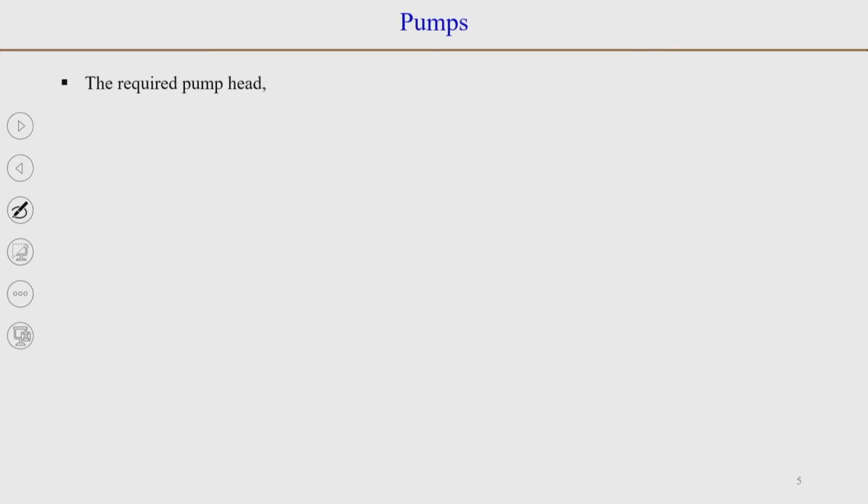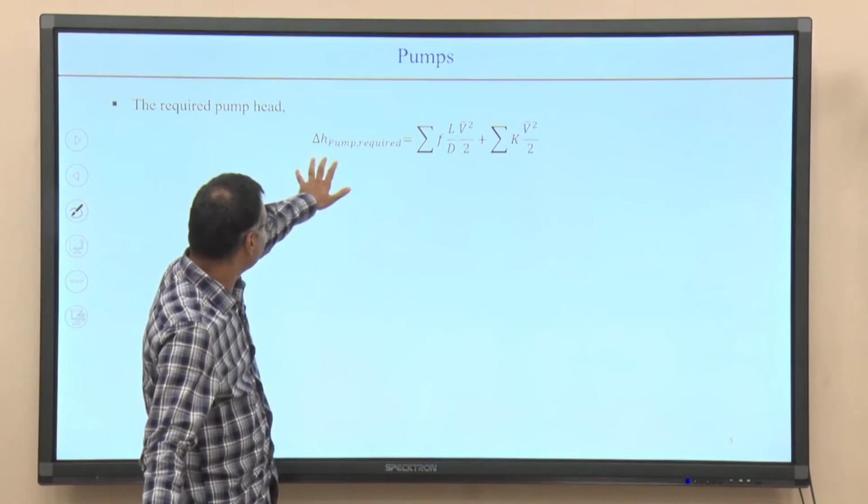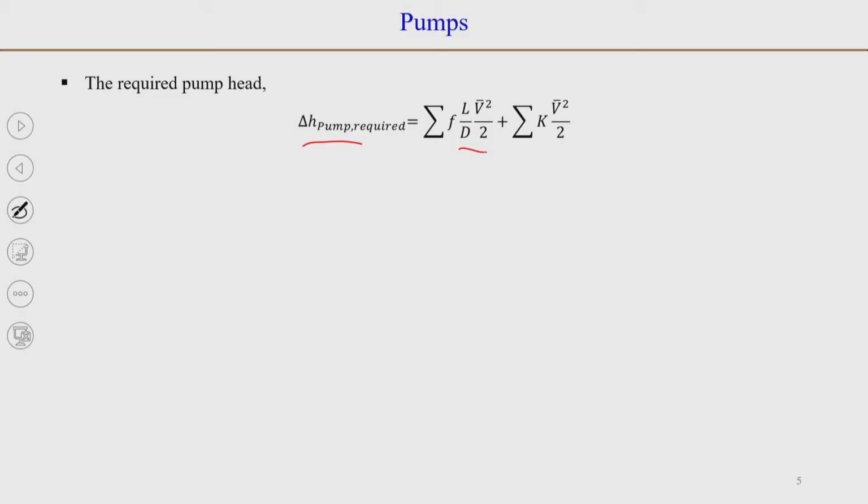Now, if we look at the required pump head, we said that the pump head is required to overcome the losses. So, the pump head is equal to the major loss plus minor loss, where K V squared by 2 and f L by D V squared by 2 are our minor and major losses, and both of them are functions of V squared here.